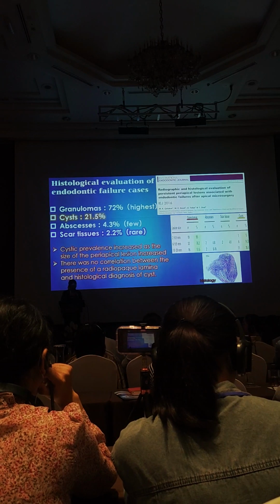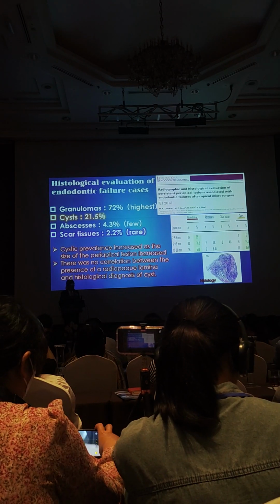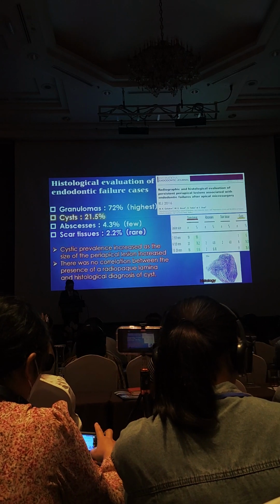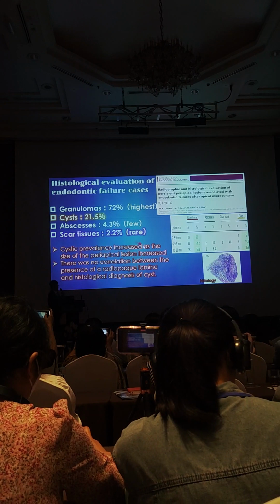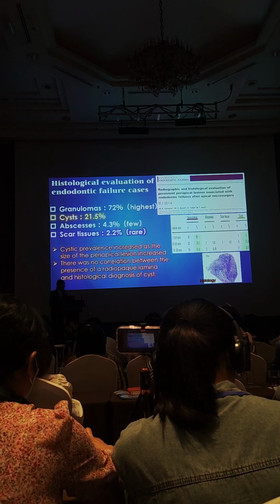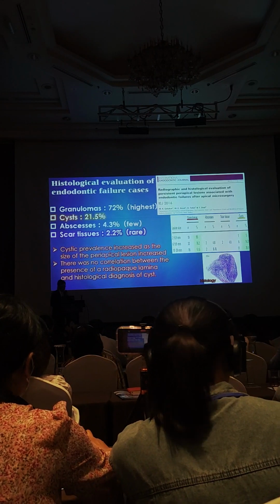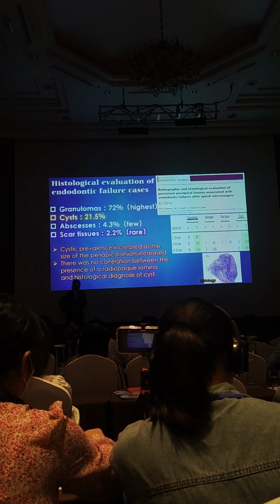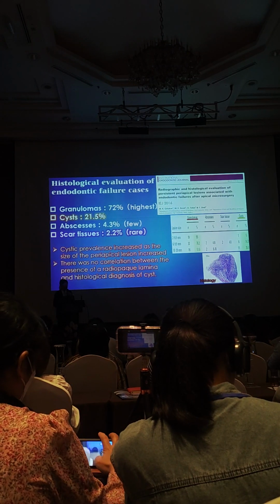If you look at the periapical lesions, they are not always cysts. Actually, the majority are granulation tissues, 72%. What about the cyst? Cyst is only 21%. Abscess, 4.3%. Scar tissues, only 2.2%.